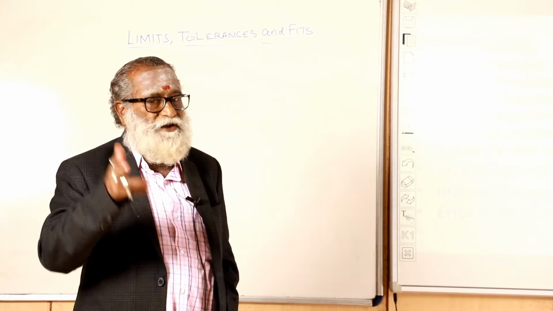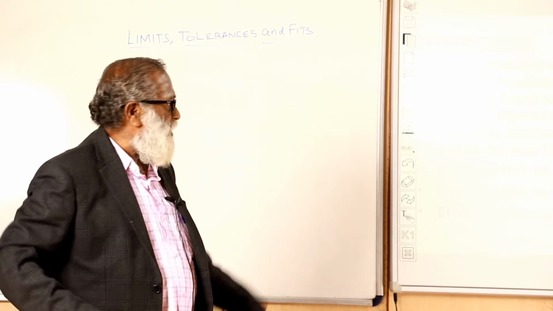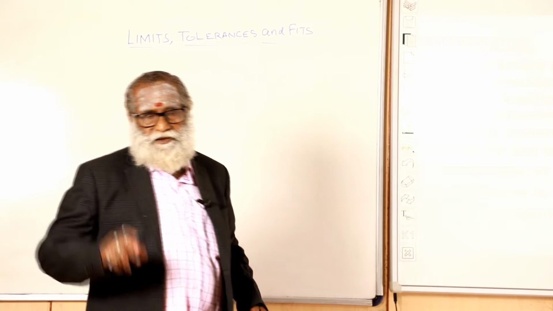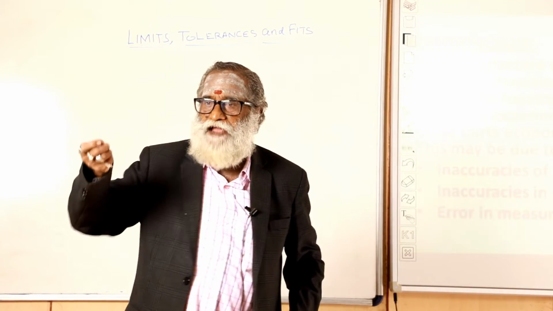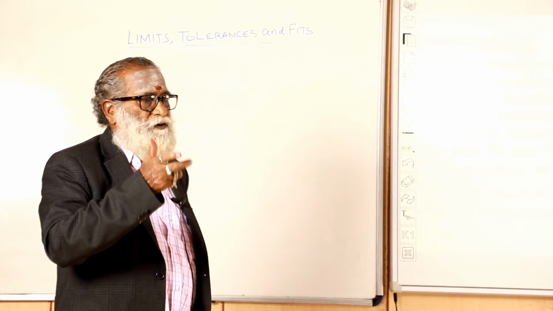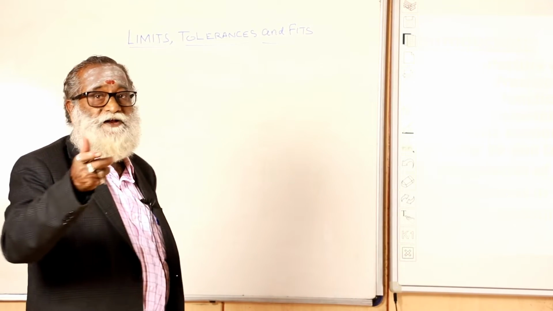Due to that also we cannot get the correct accuracy of the component manufactured on the shop floor. Then there is inaccuracy in setting the work to the tool, and errors in measurement, etc. Even if the tool or setting is wrong, we cannot get good accuracy of the component. That is the main factor why we do not get the exact dimension in manufacturing.